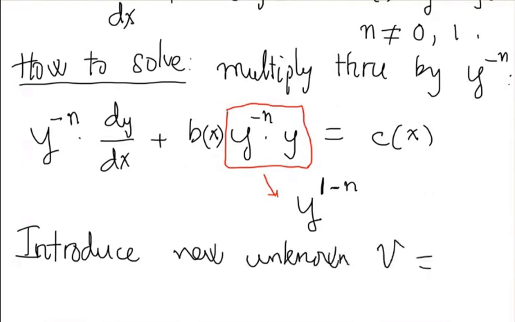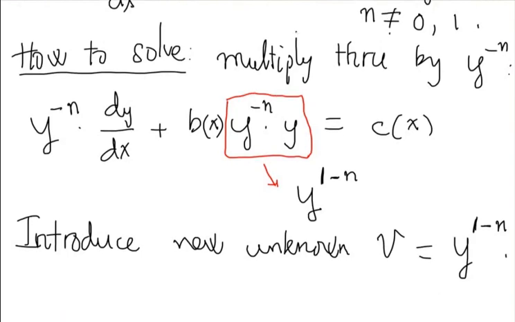And this unknown is nothing but the power of y that we have obtained in the previous step. By introducing the new unknown v, we will have a new equation, a linear equation in v. We then solve for v, and from there we solve for y. So let's go to the examples and see what the procedure looks like.